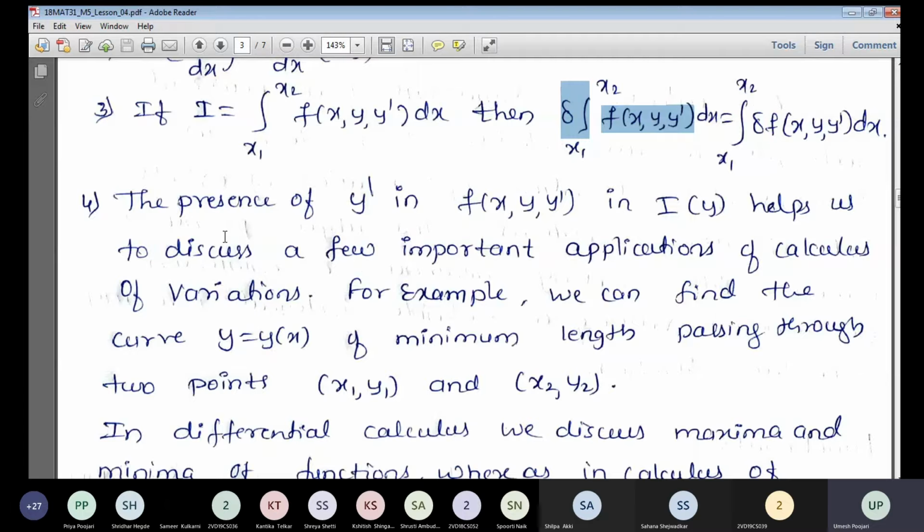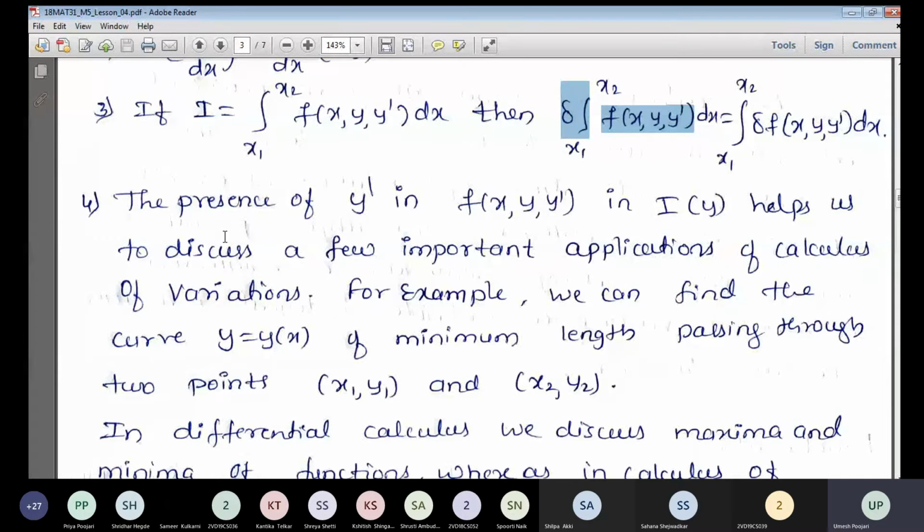A and B are any 2 points, and we can draw so many curves from A to B, but which curve has the minimum length between A and B?